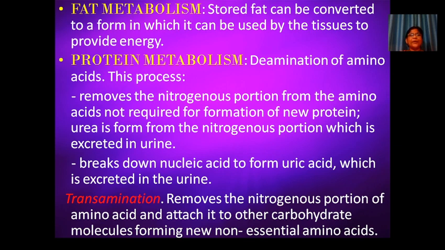Next is protein metabolism, deamination of amino acids. In protein metabolism, two processes are done by the liver. One is deamination and the second one is transamination. In deamination, it removes the nitrogenous portion from the amino acid, which is not required for formation of new protein. Urea is formed from the nitrogenous portion, which is excreted in urine.